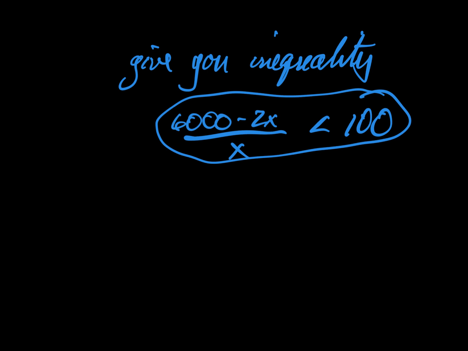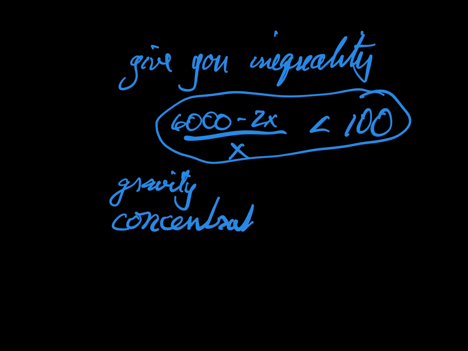Now, examples of problems that will be rational inequalities come from problems that have formulas that are fractions. So gravity has a formula that's fractional. Concentration problems have typical fractional problems.